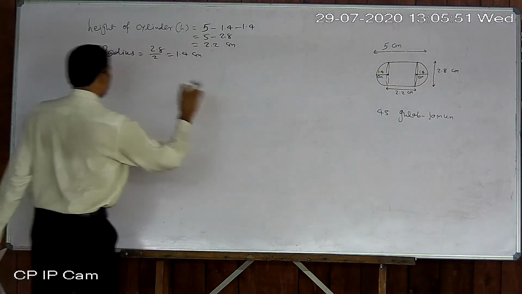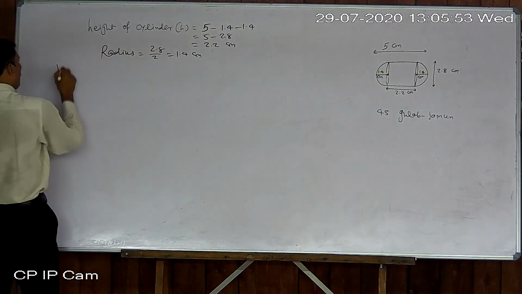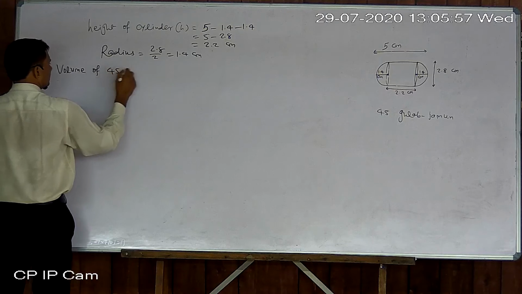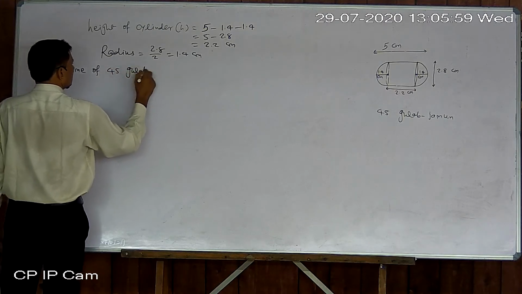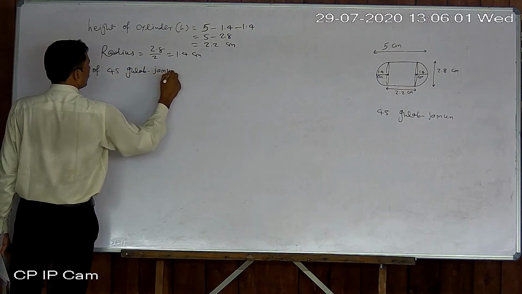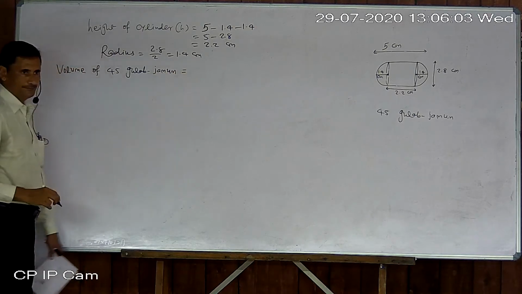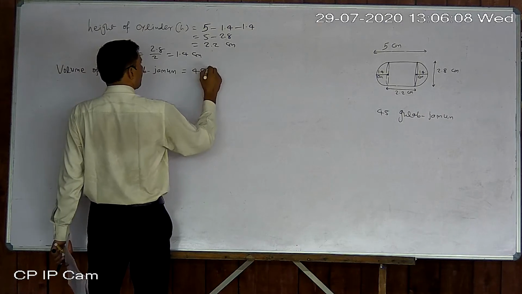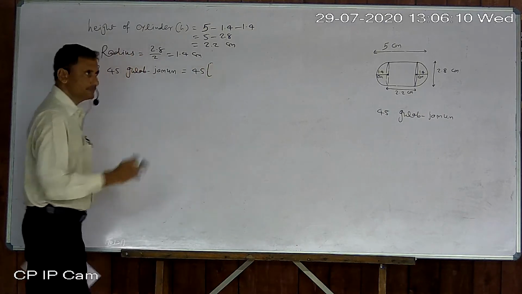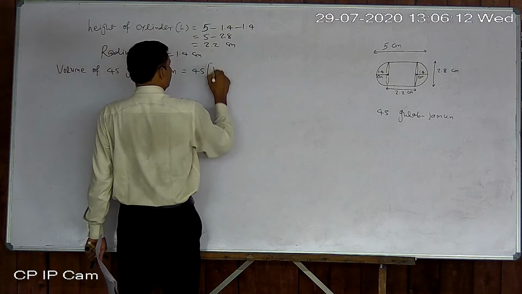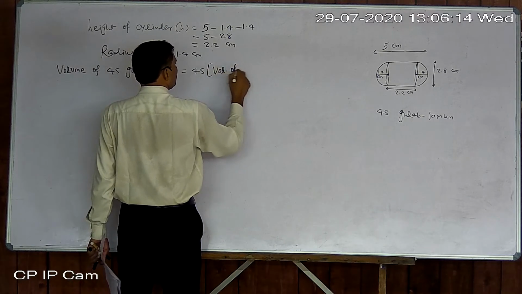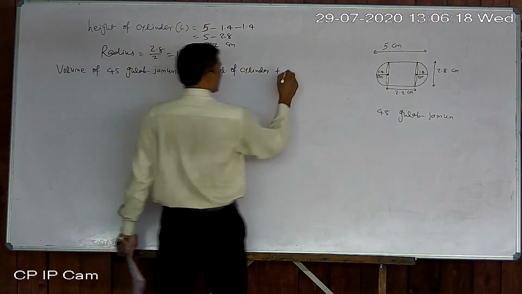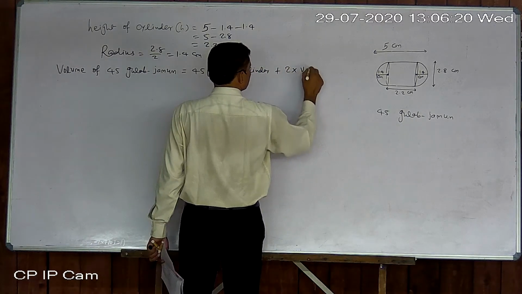Now find out the volume of 45 gulab jamuns. I already told you, you can find out one also, but 45 into what? Volume of cylinder plus 2 times volume of hemisphere.